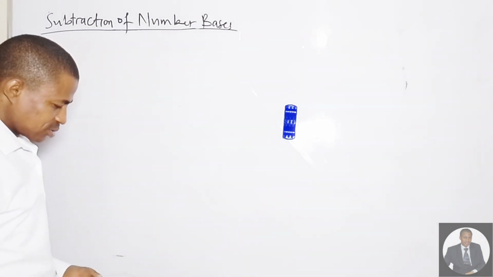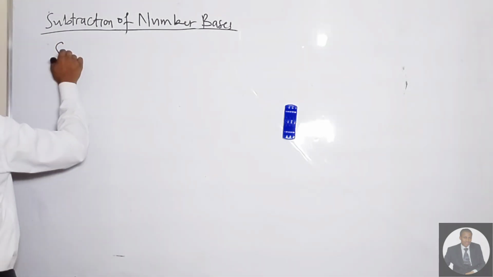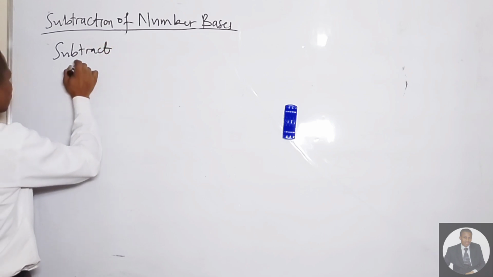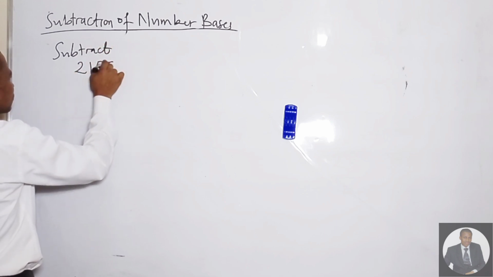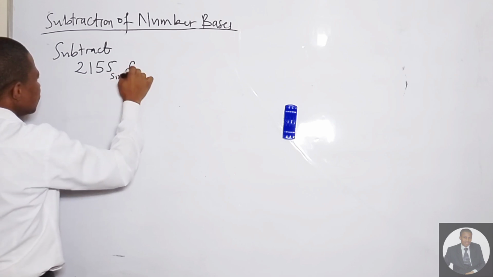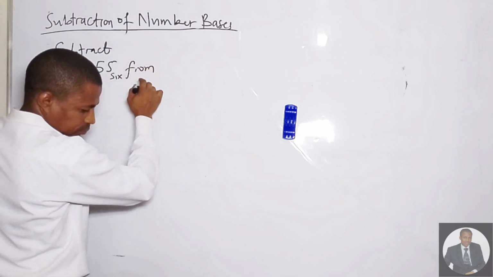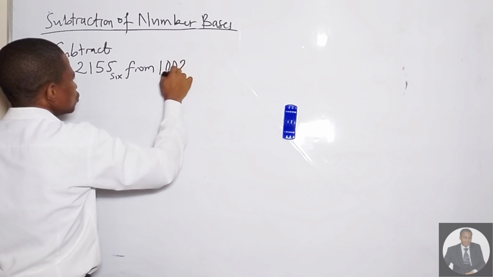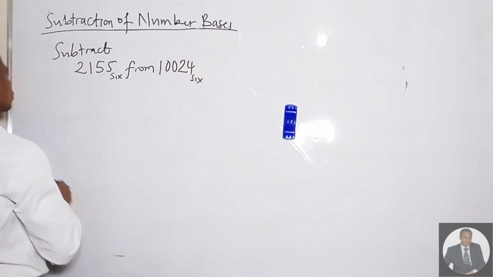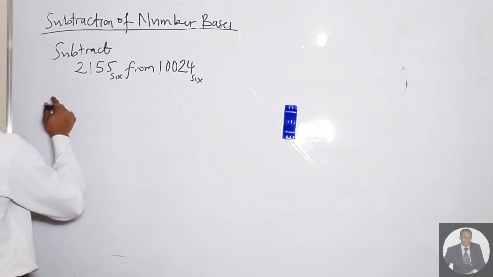Let's look at this question. Subtract 2155 base 6 from 10024 base 6. So how do we do this?